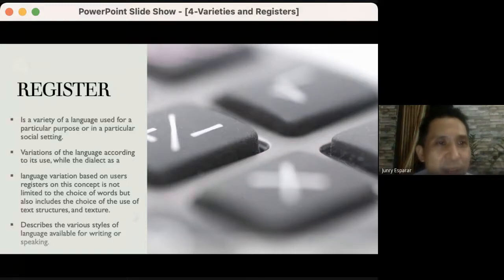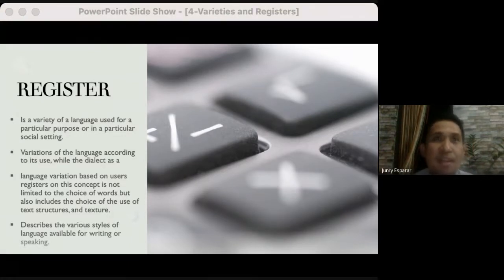Okay, thank you so much, Jason. So when you talk about register, it refers to the particular purpose or particular social setting. I mentioned earlier that when you have the intention of asking a favor from your parents, probably you use this malambing kind of register, right?